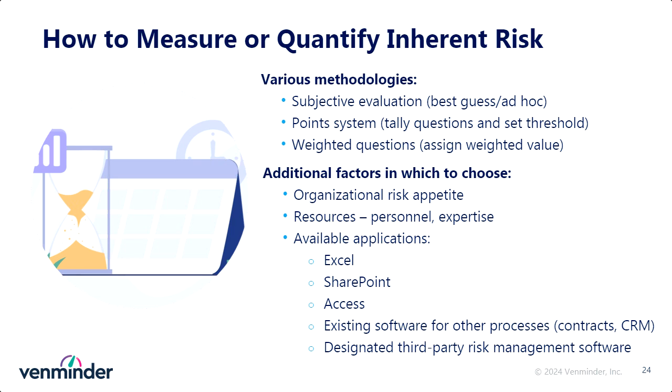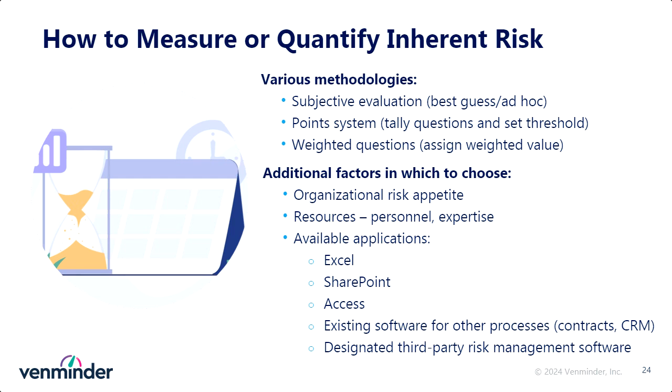So when it comes to actually measuring and quantifying inherent risk, it really just comes down to choosing the best methodology for your organization. You should also consider additional factors like your risk appetite and available resources and applications. The three main methodologies that are commonly used are subjective evaluation, a point system, or weighted questions.